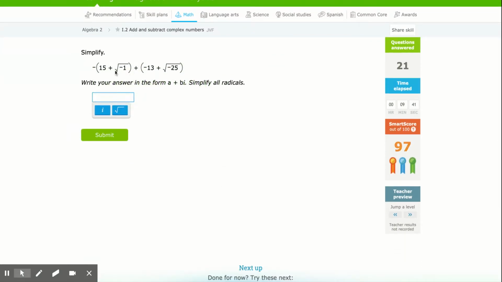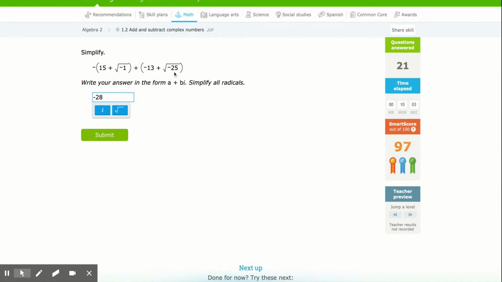All right, so we got a negative 15 and a negative 13, so that's going to be a negative 28. Then we have a 1i, or i, and it's negative. Be careful, a negative i. I almost forgot to distribute that minus sign in.